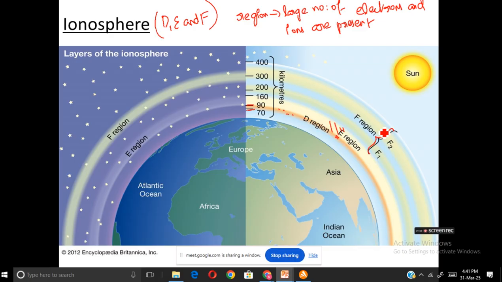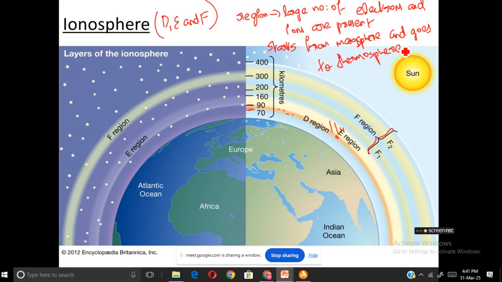So the ionosphere is a layer in the atmosphere where a large number of electrons and ions are present. It starts from the mesosphere and extends till the thermosphere.